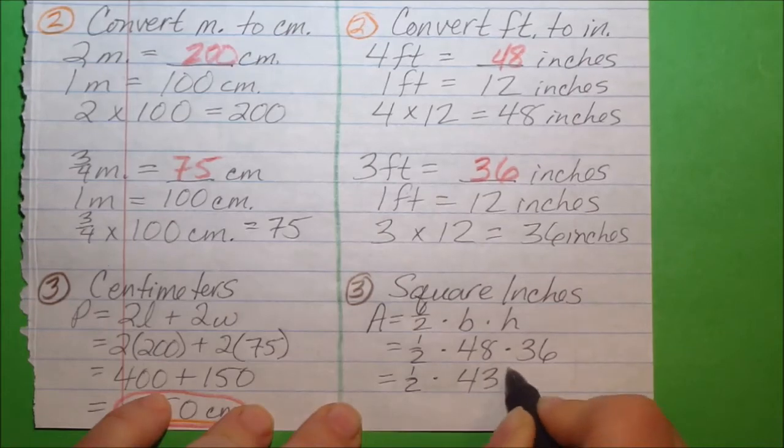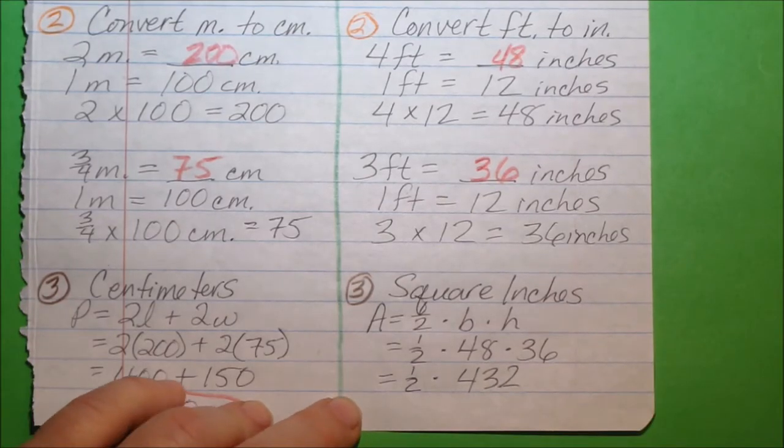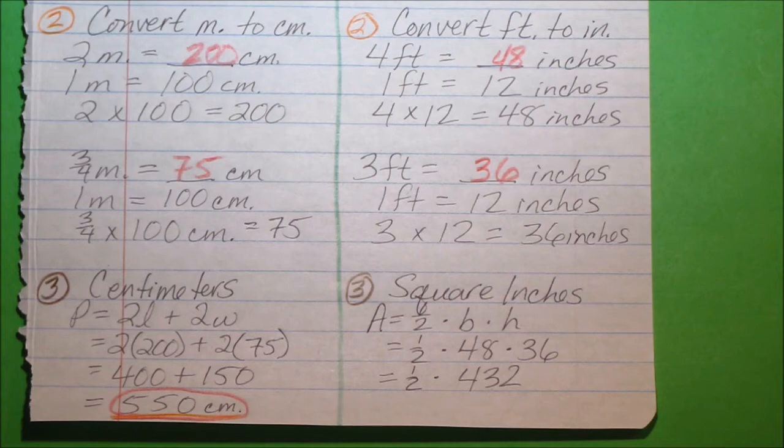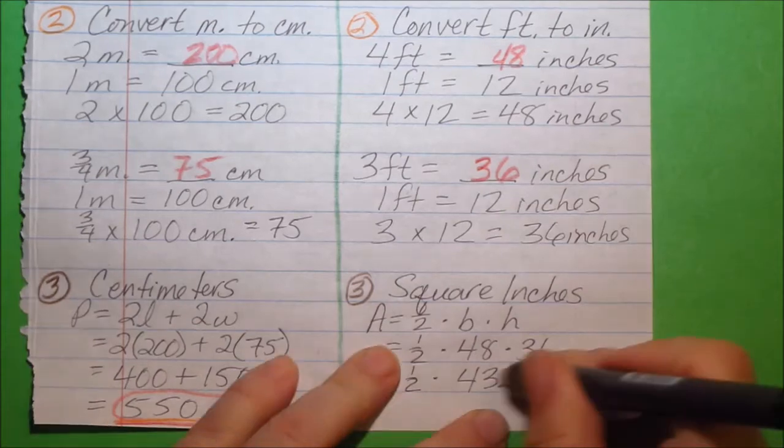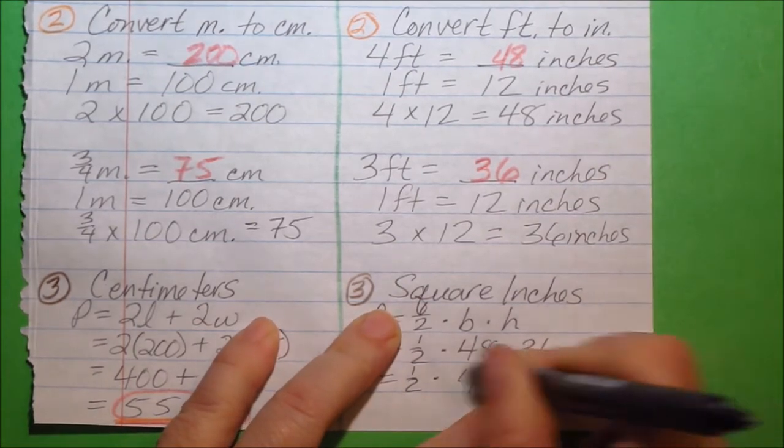432. Let me double check my measurements on that. Hang on a second. 48 times 36 equals, no, not even close. I multiplied it by 12 for some reason. Okay, hang on.